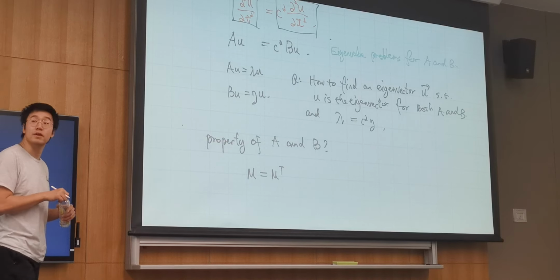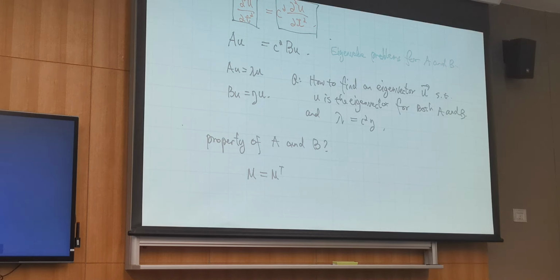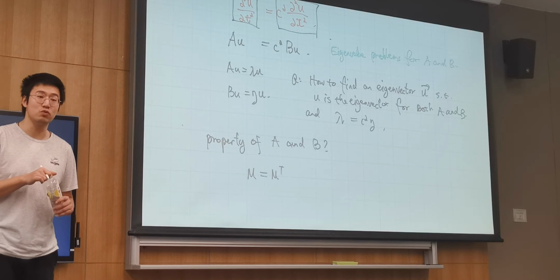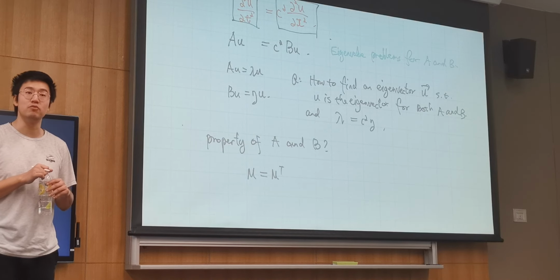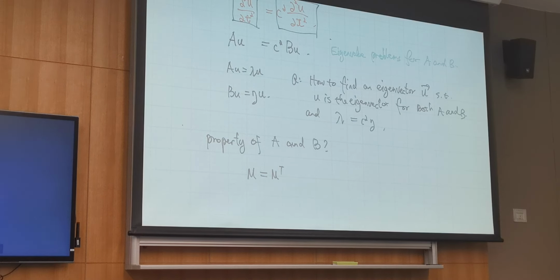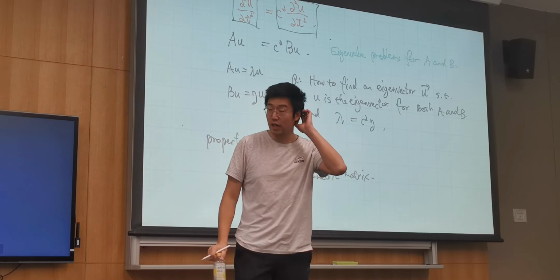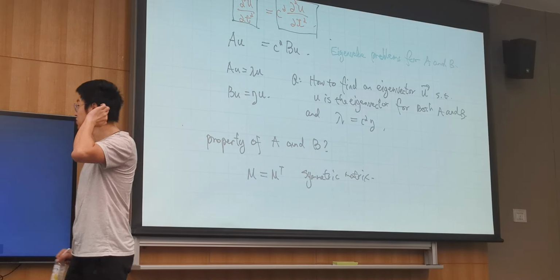Square matrix. Of course, it should be a square matrix, and what else? Can any square matrix satisfy M equals M transpose? Symmetric. M should be symmetric. What property do the eigenvectors of a symmetric matrix have?